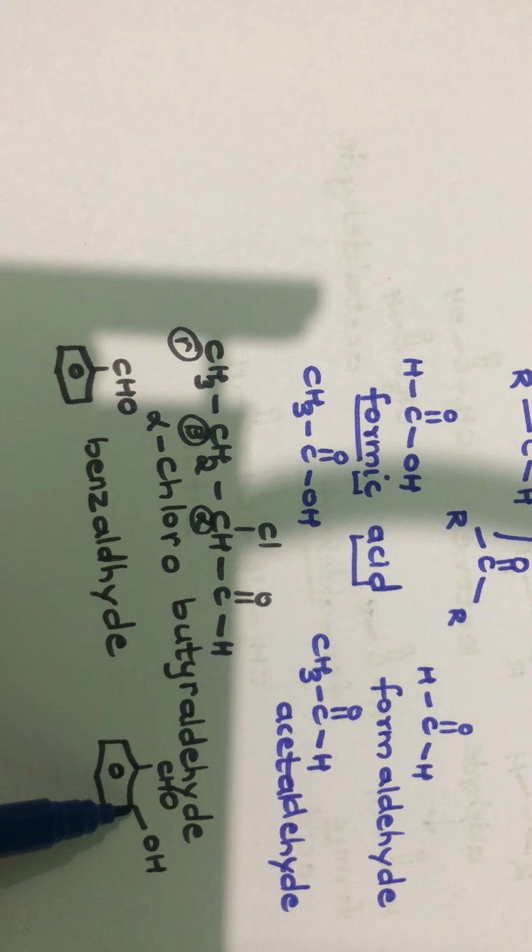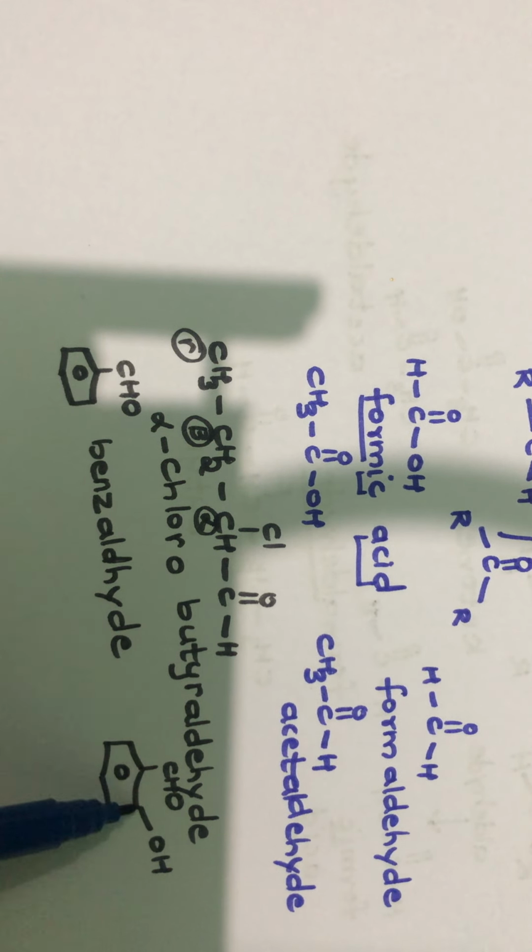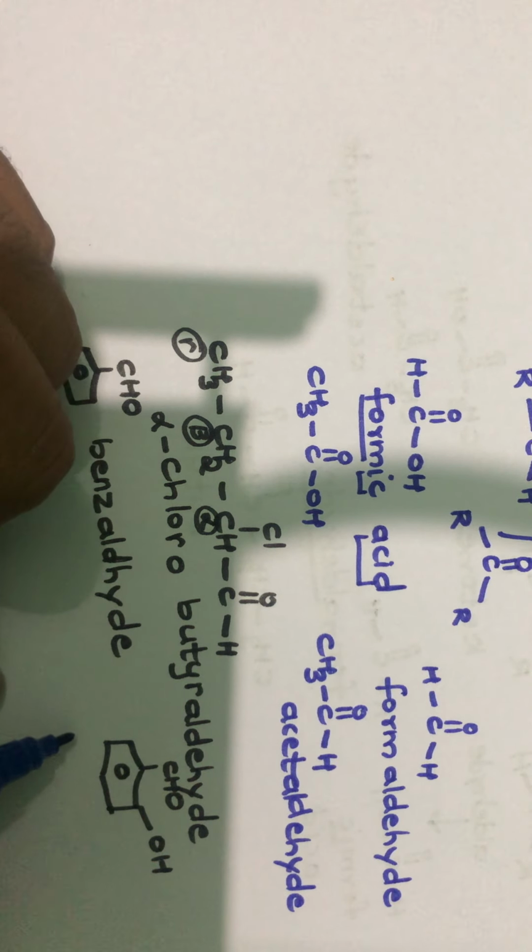So you are familiar with this. If it is present on the next carbon, we call it ortho. If it is present here, we call it meta. The 1,2 position is referred to as ortho, 1,3 as meta and 1,4 as para. So this is the 1,2 position, so we call it ortho or just o.